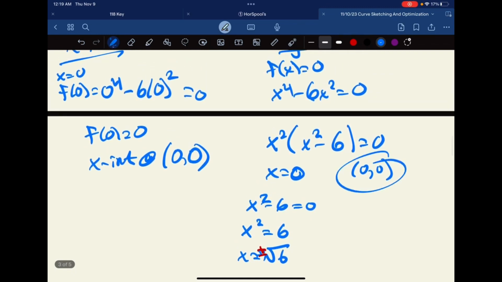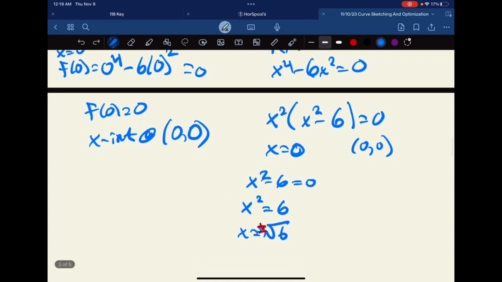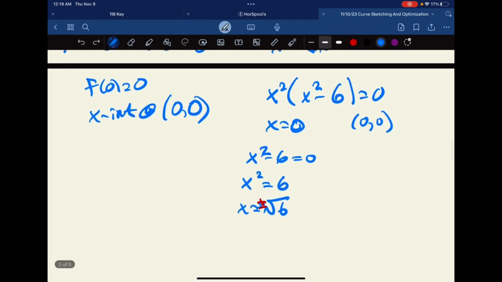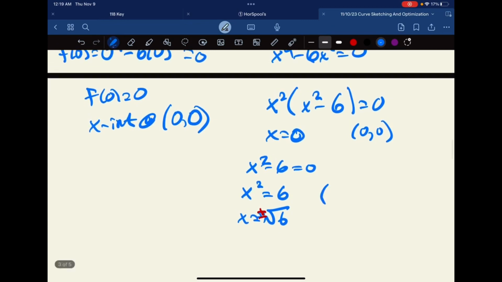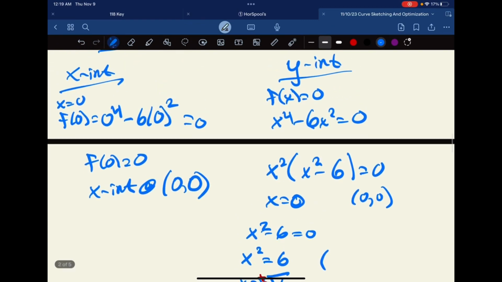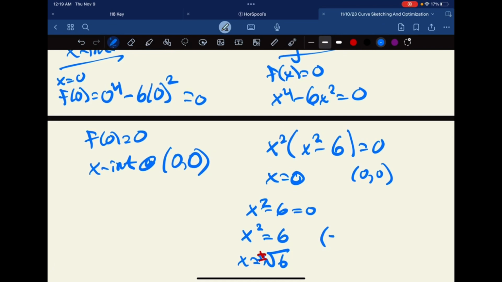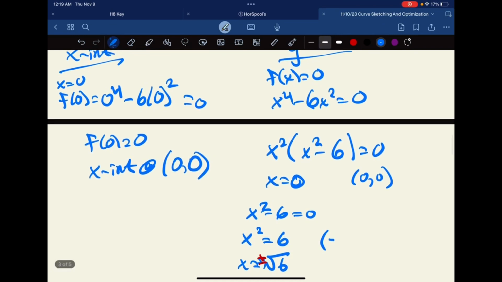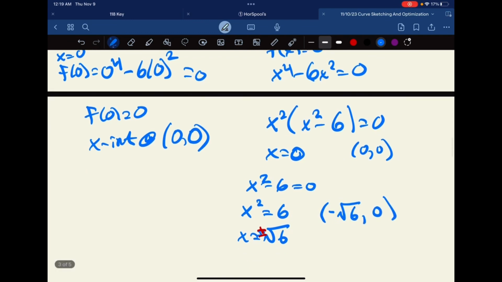We have the origin, we have negative square root of 6, and we have positive square root of 6. And so these are going to give us points: negative square root 6, comma 0, and square root 6, comma 0.